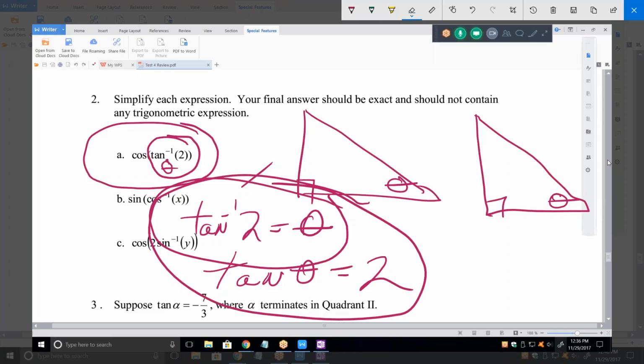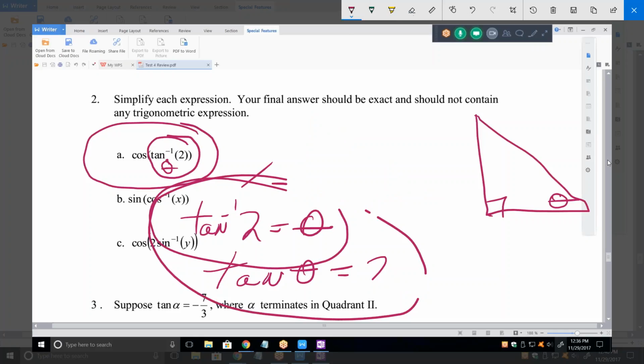Okay, I'm going to give you a hint. Tangent of theta is 2 over 1. Now dimension that triangle. So the opposite's 2, adjacent's 1. Okay. Remember to do that step.